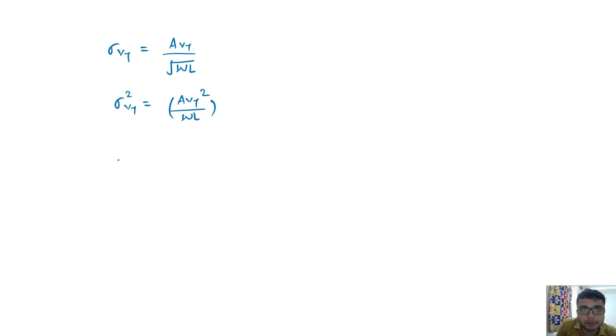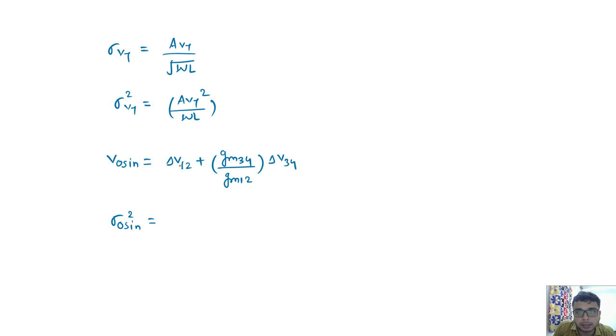Okay, so what we have as the offset at input is directly del VT12 plus gm34 by gm12 times del VT34.